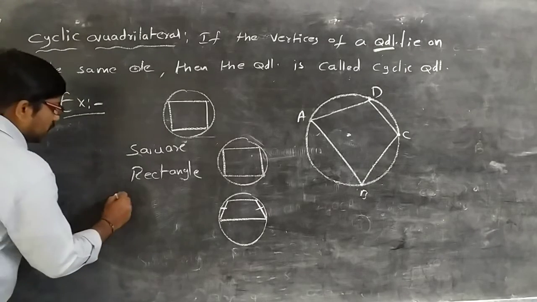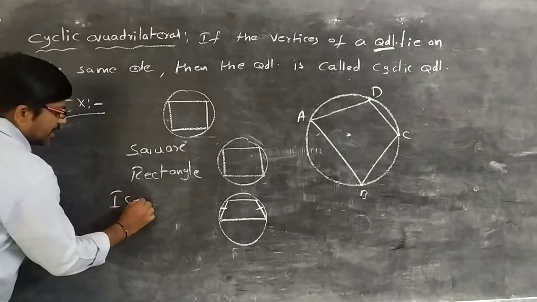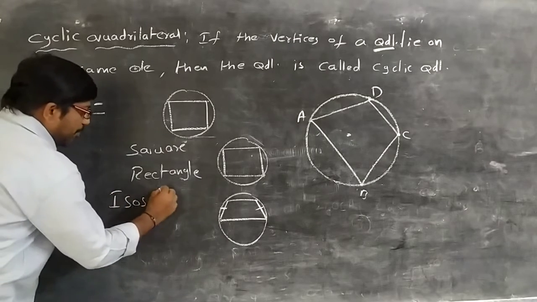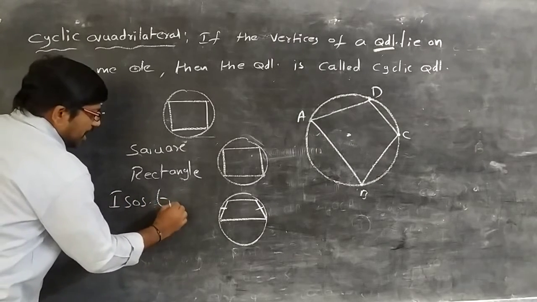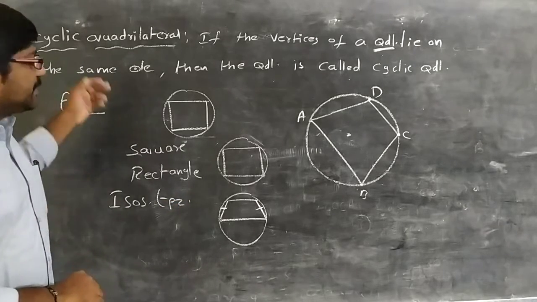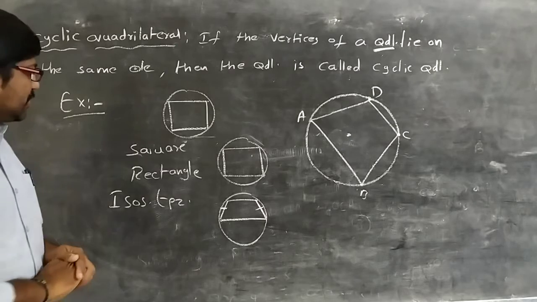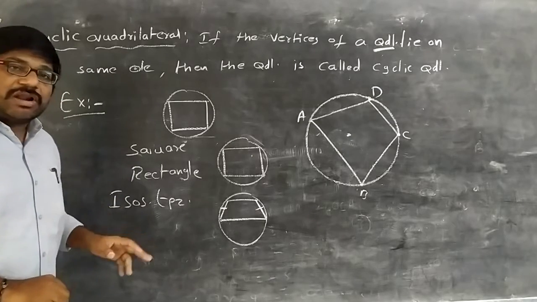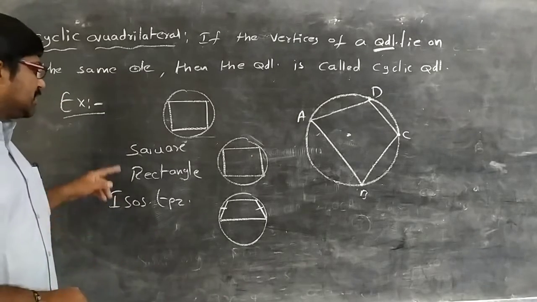An isosceles trapezium is also a cyclic quadrilateral. So these are always cyclic quadrilaterals.